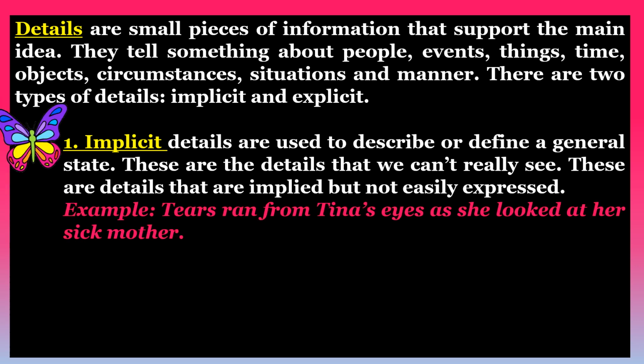Now let's have this example. Tears ran from Tina's eyes as she looked at her sick mother. Now, by reading this sentence, how does Tina feel? Yes, she is very sad.